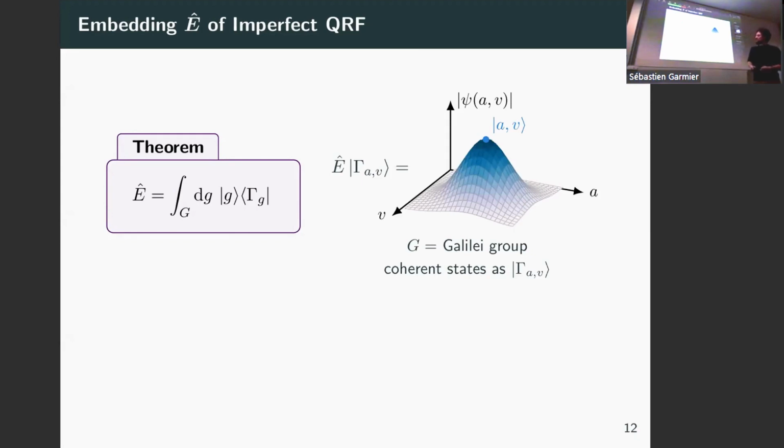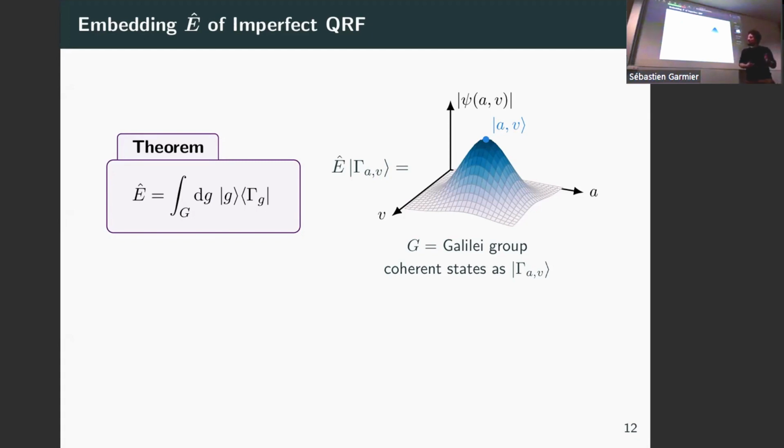For instance, take again our favorite Galilei group with the coherent states. So this is a coherent state centered around some point A. VA is a translation parameter, and B is the boost parameter in the group. Because these classical frame states of the imperfect frame have overlap, you end up with this kind of spread Gaussian shape in the perfect frame.